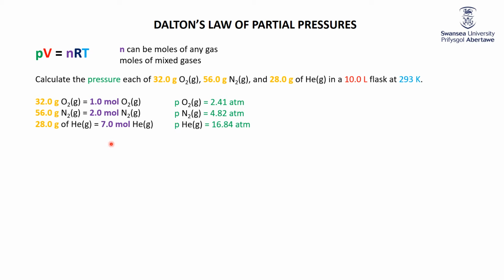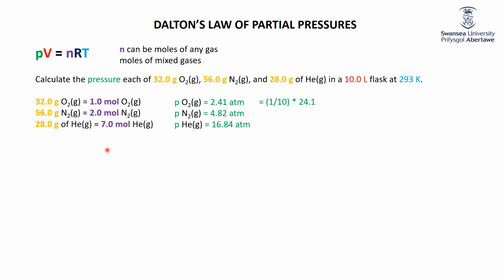Now, with that in mind, and I sometimes think this is a little bit redundant, we have 10 moles of gas in here. 1/10 of that gas is oxygen. And the pressure of oxygen is equal to 1/10 of the total pressure, which was 24.1 atmospheres. Add all these up, you get 24.1. 1/10 of that 24.1 was due to the oxygen, because 1/10 of the moles of gas in there were oxygen.